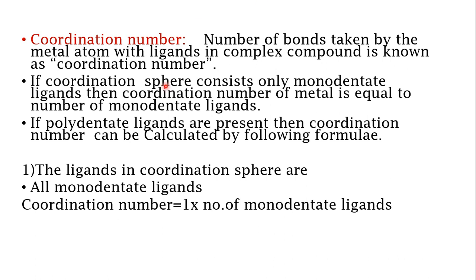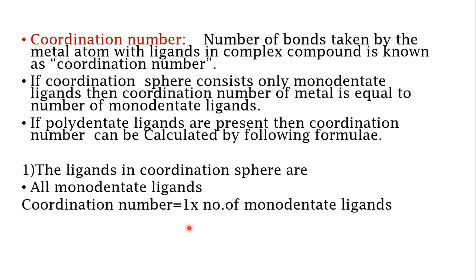If the ligand is a polydentate ligand, then we need to be careful while calculating the coordination number. First we consider the situation where all the ligands are monodentate. Then the coordination number is 1 into the number of monodentate ligands, because mono means a single donor atom.